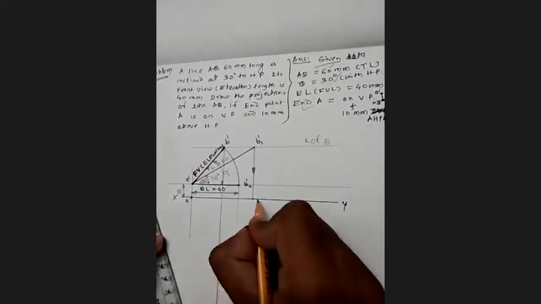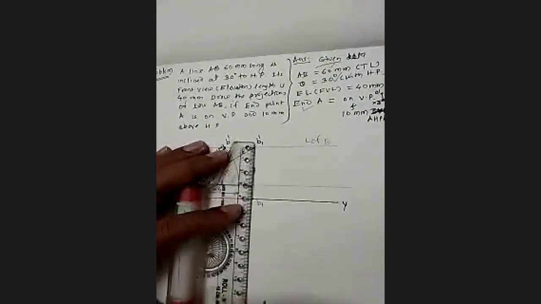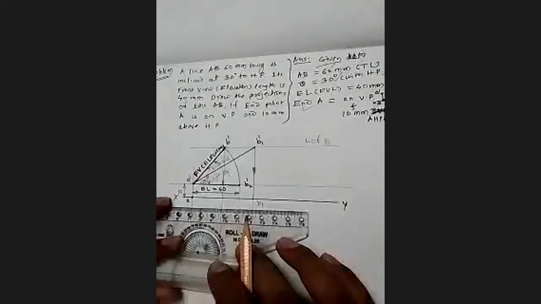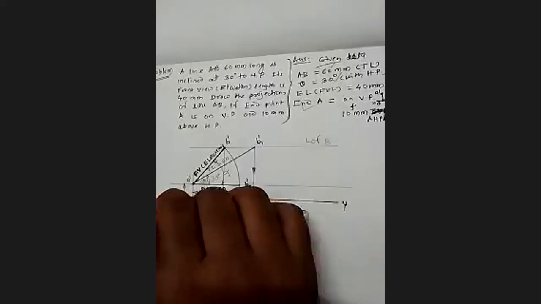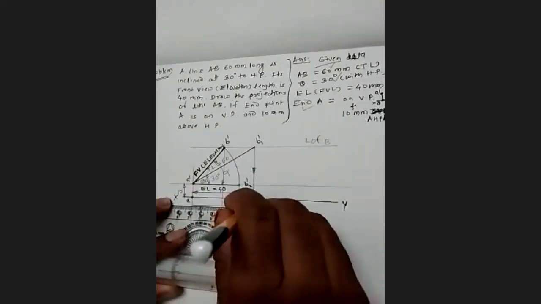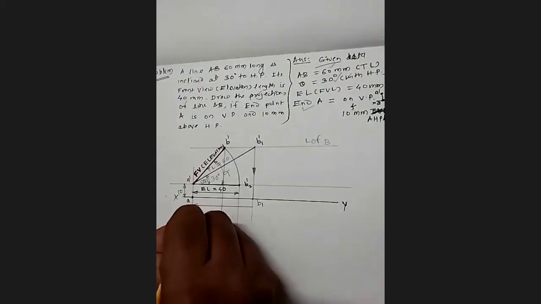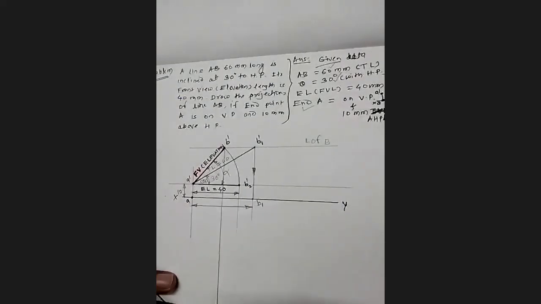Suppose I say B1 point. What can we say? A to B1. Can you name this distance? Yes, PL. This is going to be the PL, absolutely right.